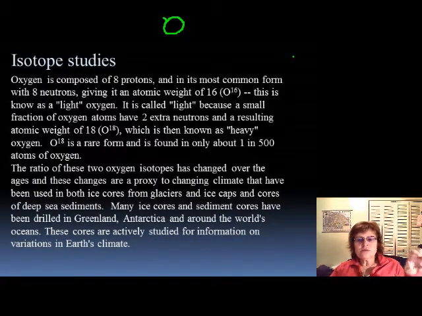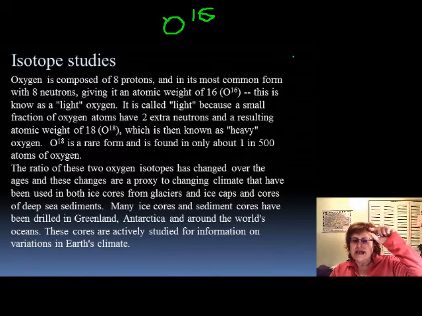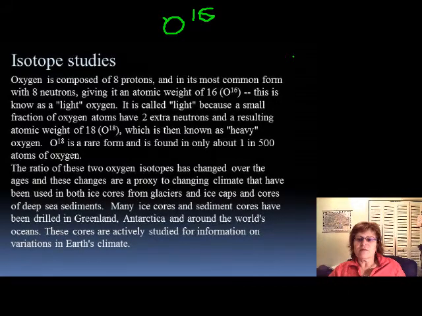If the proton number is 8 and the neutron number is 8, that is going to give you 16 for the mass number. So we call that one oxygen 16. Now the other one is when the oxygen has 8 protons and 10 neutrons. So this one is a little bit heavier because instead of 8 neutrons, it has 10. So that is oxygen 18.